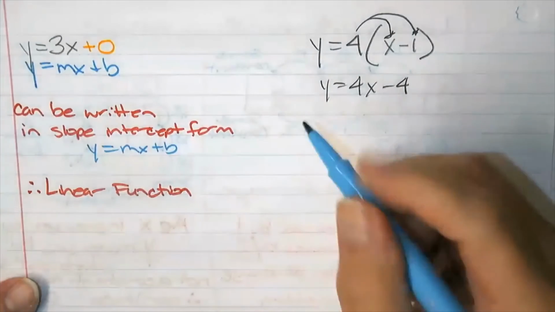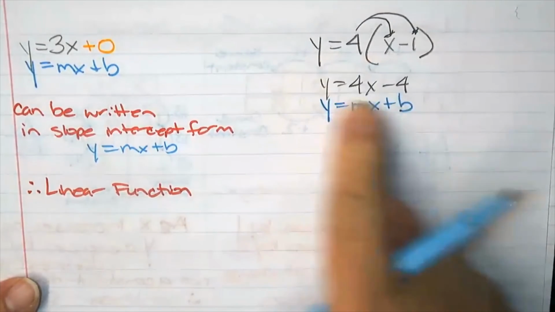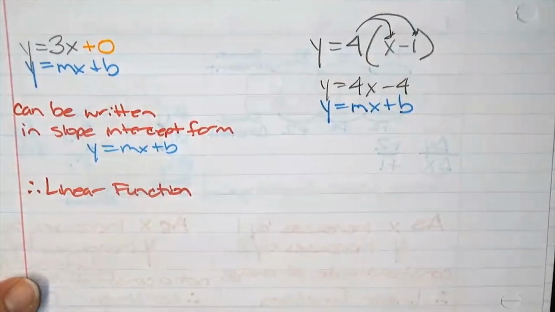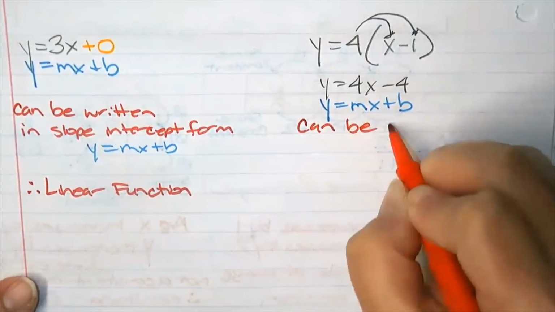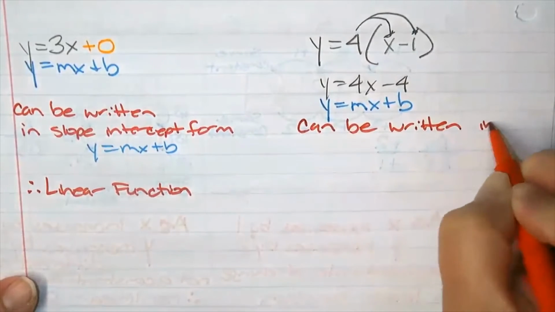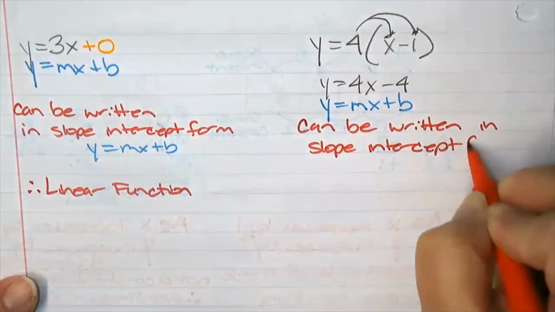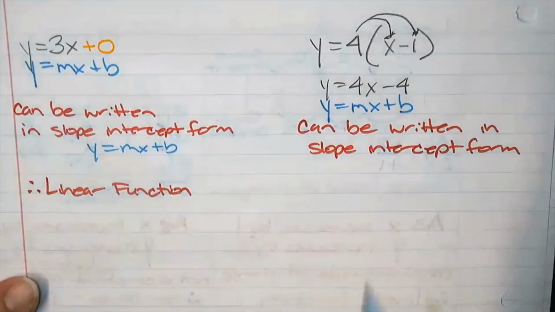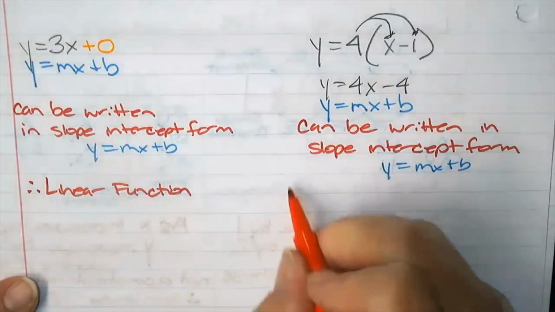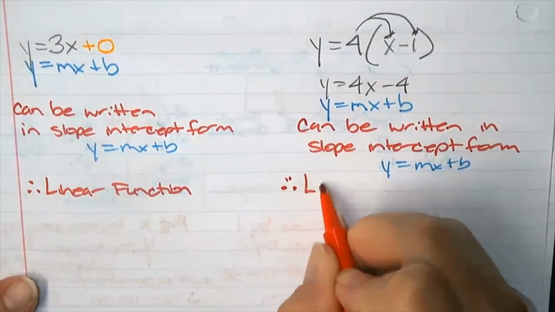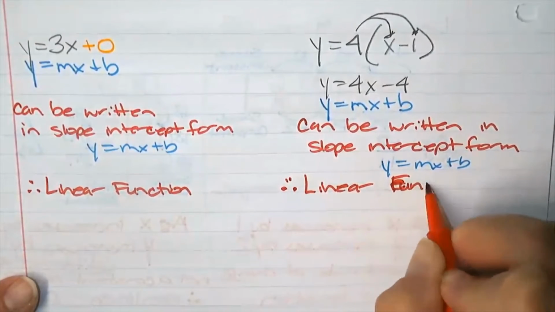Holy smokes, what do we have? Is it now written in slope-intercept form? It is. Can be written in slope-intercept form. Therefore, this is a linear function.